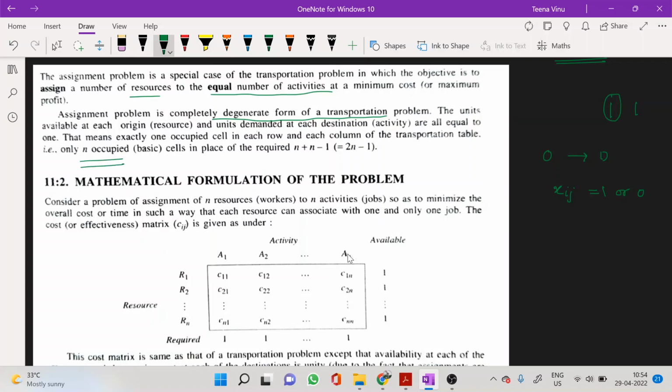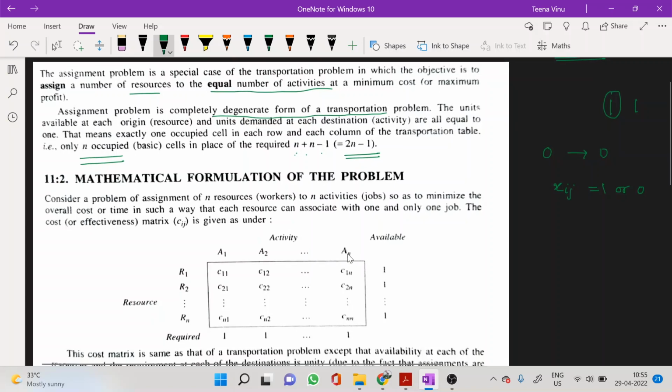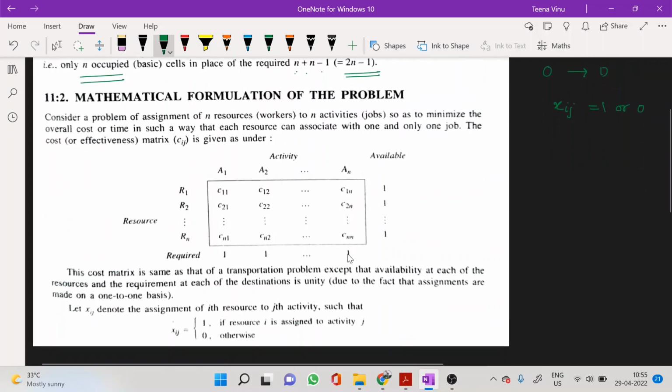What is required is n plus n minus 1, that is 2n minus 1, since the number of rows is n and the number of columns is n, but there will only be n occupied cells in place of this 2n minus 1, and that's why we say that it is a completely degenerate form of transportation problem. Now let us see the mathematical formulation of the assignment problem.